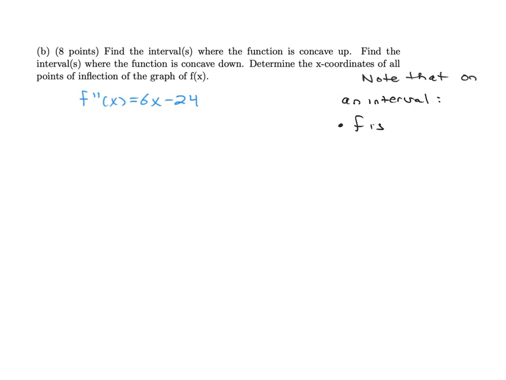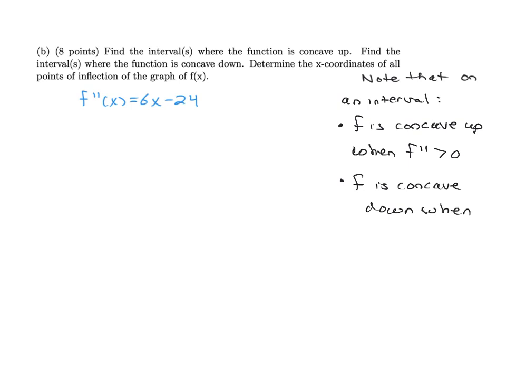F is concave up when the second derivative is positive, and f is concave down when the second derivative is negative. And here's the formula for the second derivative. Just like in part A, I'm going to figure out where this is equal to 0 on a number line, and then determine where it is both positive and negative.